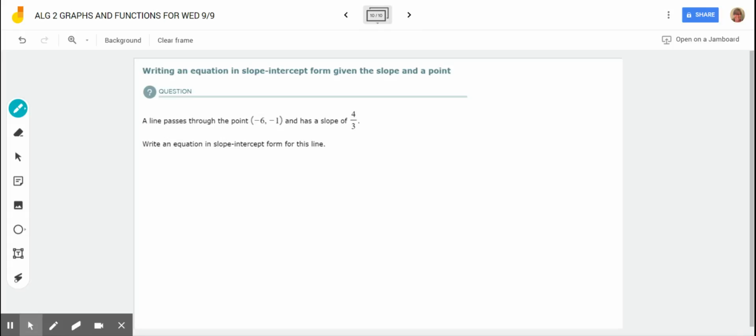Number 10. It says writing an equation in slope intercept form given the slope and a point. Okay. By the way, we are heading towards one of the most difficult problems they can give you with lines, which is write the equation of a line given 2 points. If you were in my geometry class last year, I made you do this for me on a whiteboard personally.